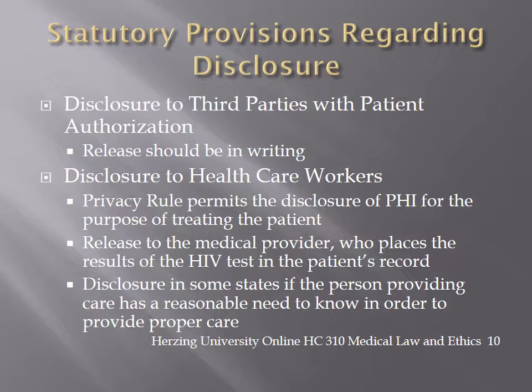The status of the patient may also be released to the medical provider who places the results of the HIV test in the patient's record. Disclosure may also be made in some states if the person providing the care has a reasonable need to know in order to provide proper care to the patient.